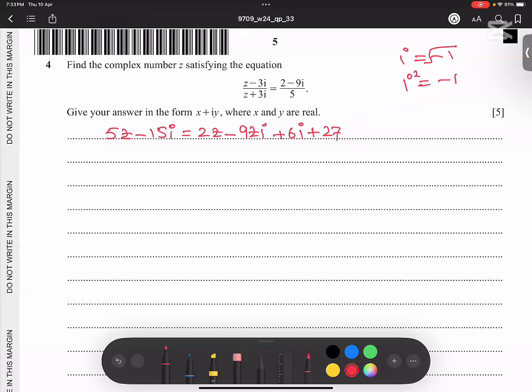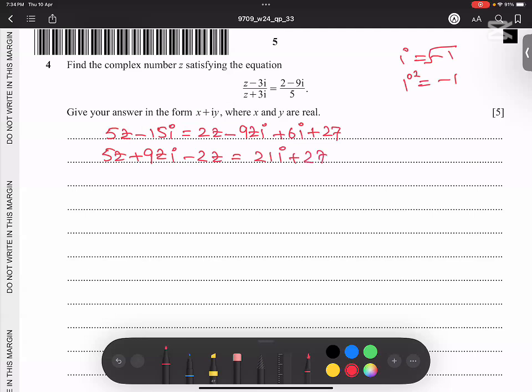Now we have 2z, 1z here, 1z here. I will bring this on this side. So 5z plus 9z iota, sorry, we have a 3z. Negative 2z is equal to, this comes on this side, and I got 21, because 15 iota plus 6 gives us 21 iota plus 27.